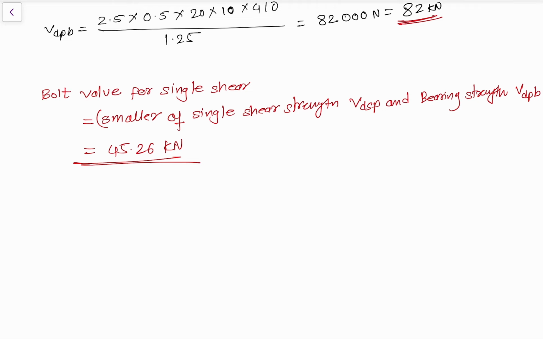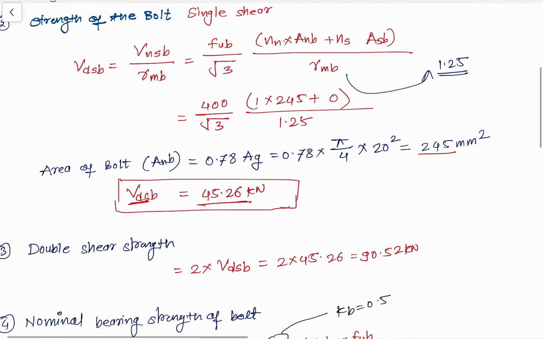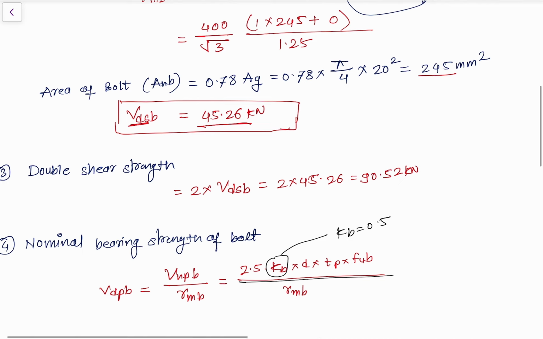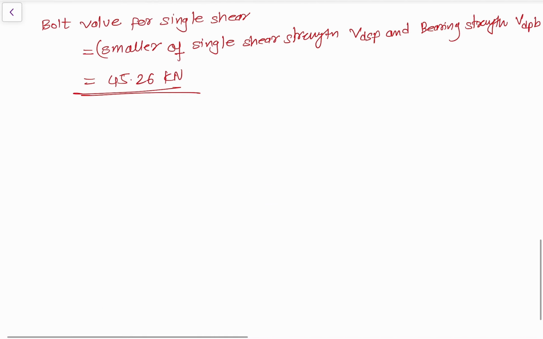Second answer, bolt value for double shear. The bolt value for double shear is the smaller value of VDSB and VDPB.